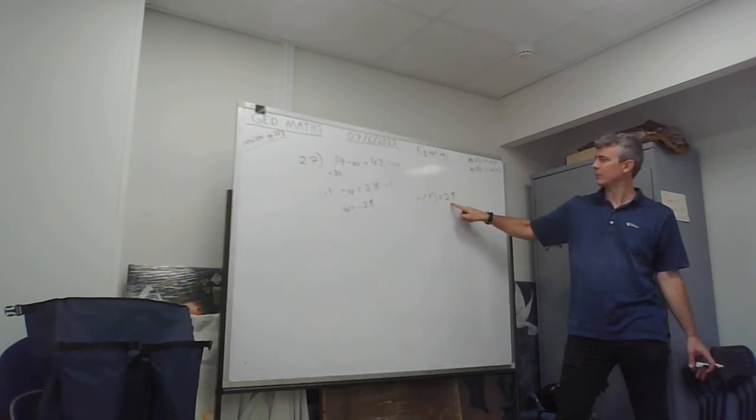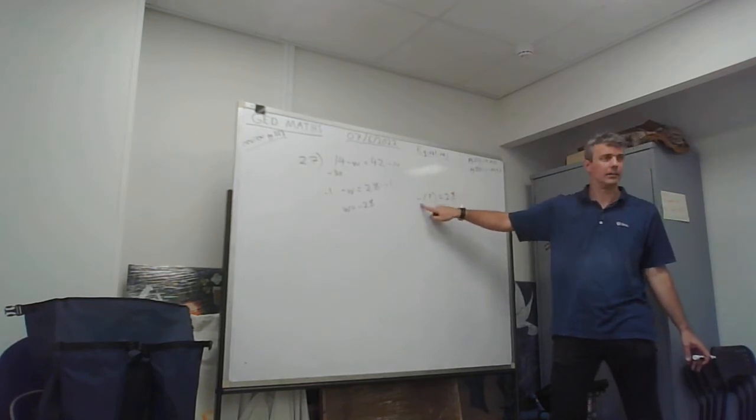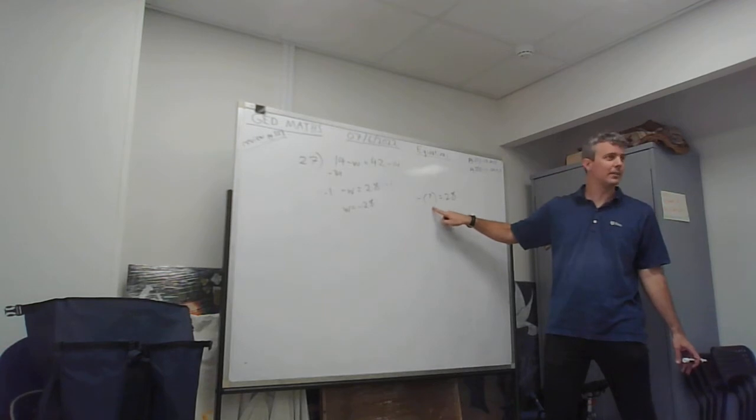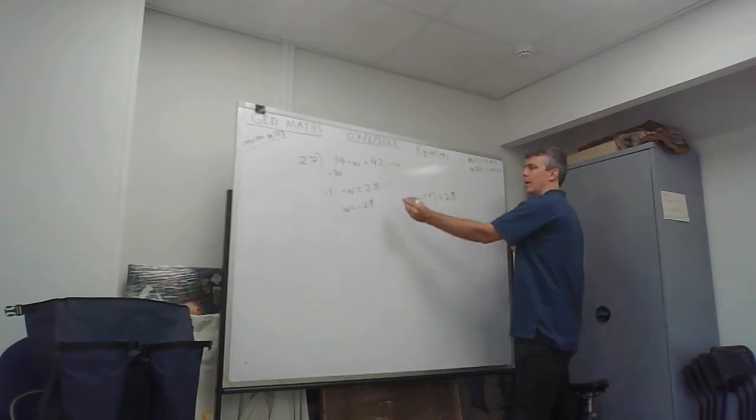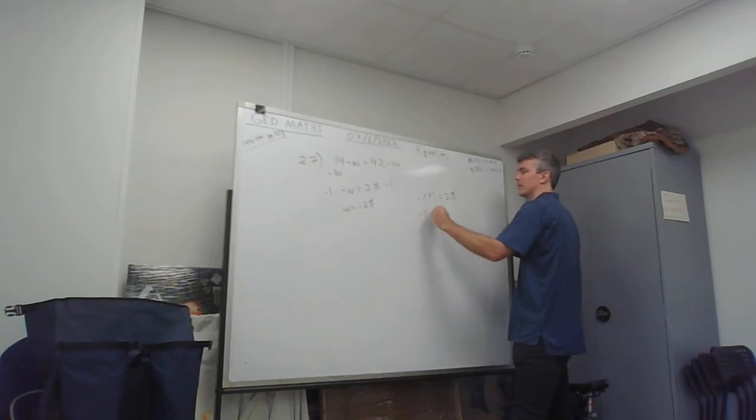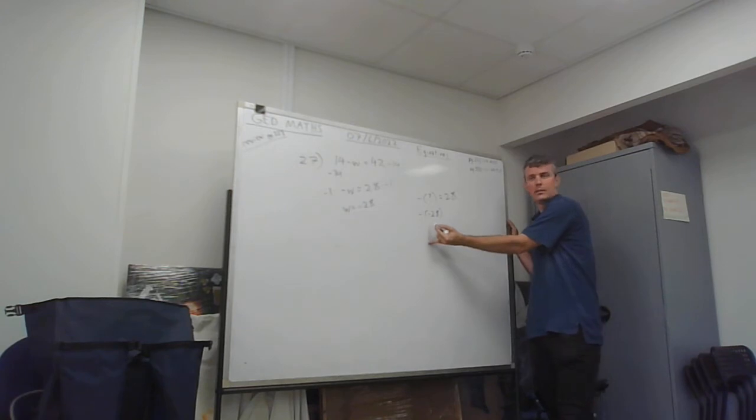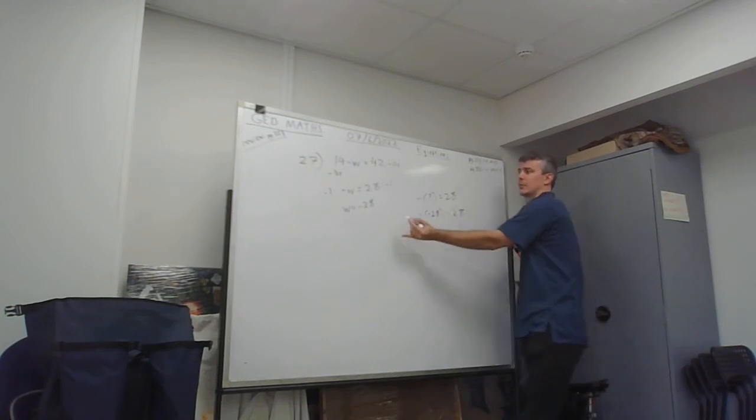To get to a positive number from a negative, we say it's going to be a negative inside, so negative, negative. That's why, if you think about it, our answer is negative 28. So minus 28 equals 28. That means our W has to be negative 28.